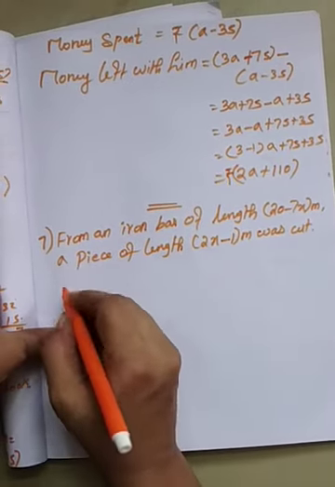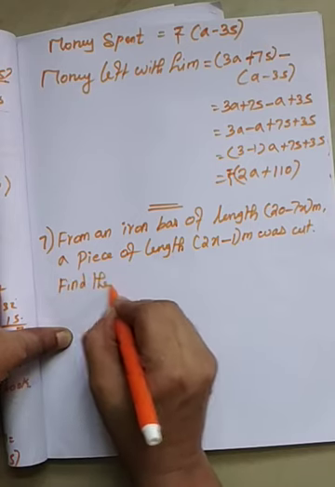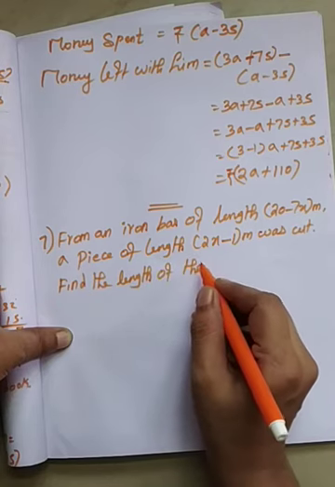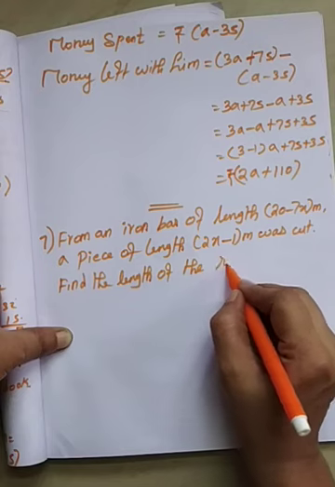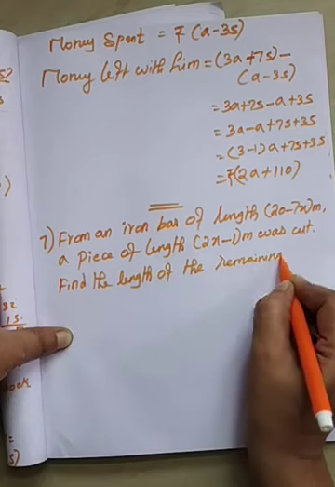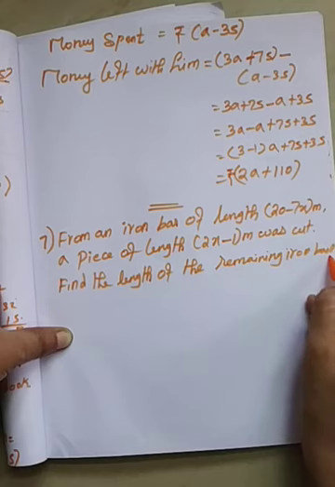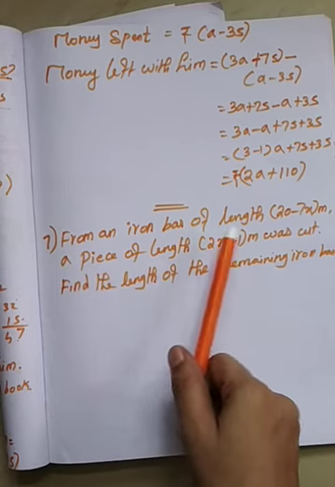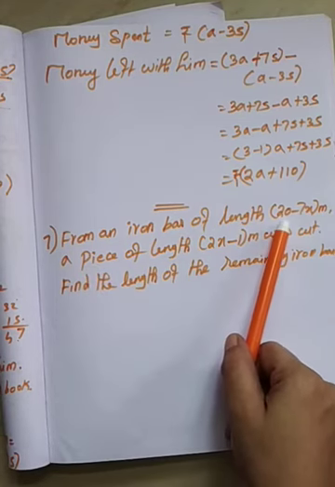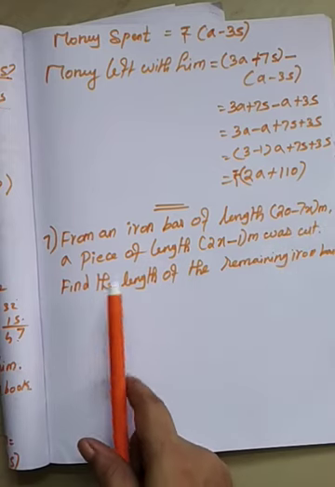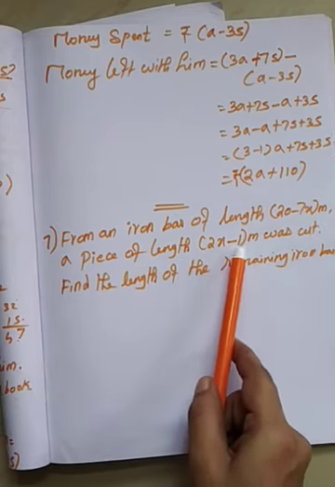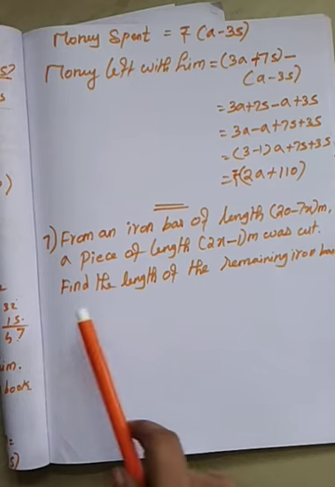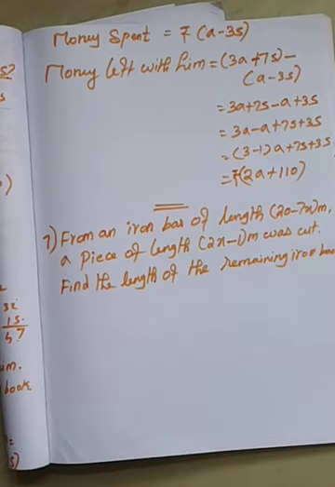Find the length of the remaining iron bar. Okay, see here, what is your question? From an iron bar, the total iron bar length is 20 minus 7x meter. A piece of length 2x minus 1 meter was cut. Now, what do you have to find? The length of the remaining iron bar.